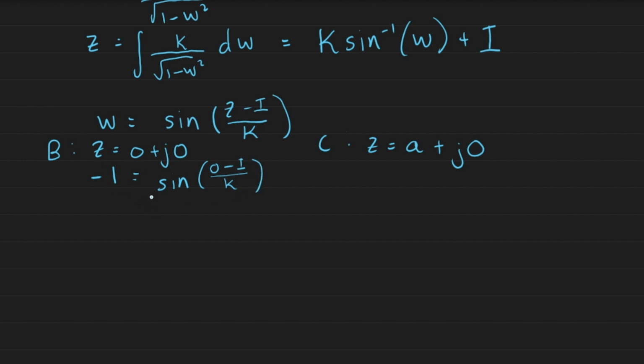And then we take arcsine of both sides. So arcsine minus 1 is minus pi over 2. And we get minus i over k. So then what this means is that k times pi, we just cross multiply and express i and k in terms of each other. So k pi is equal to 2i.